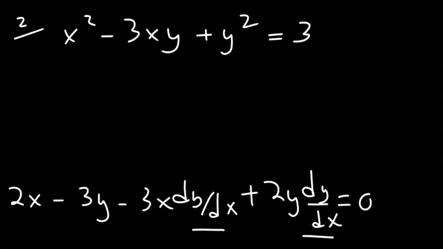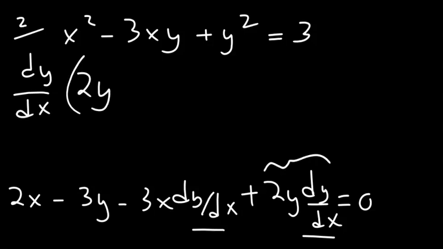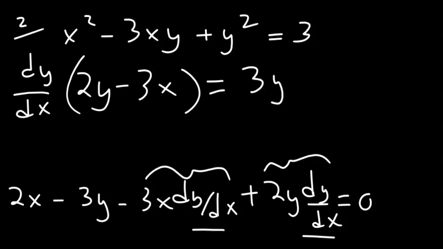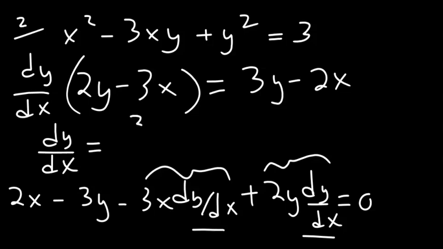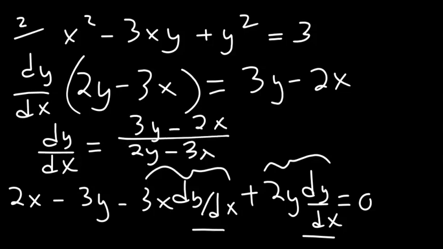Factoring out the dy/dx terms, you get dy/dx times (2y minus 3x), and move all the other terms to the right, you get 3y minus 2x. That means dy/dx is (3y minus 2x) over (2y minus 3x). And that is the answer.